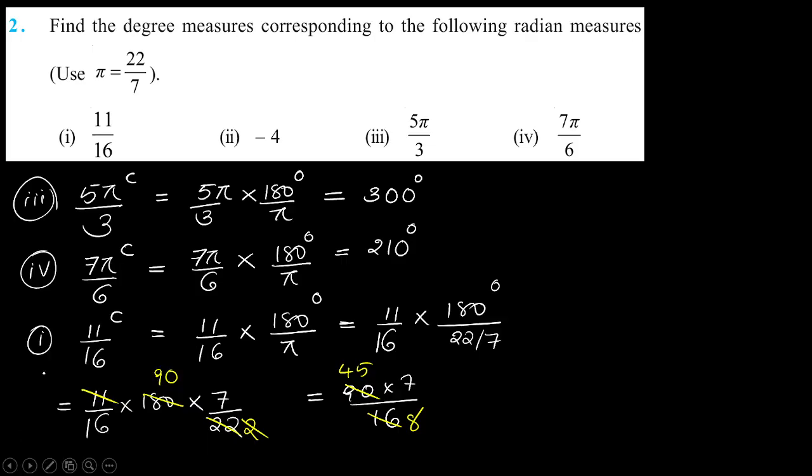No more simplification. 45 into 7, 315. Divide by 8. That much degree. You can stop here or divide by 8. You may divide into degree and minute separately, but they did not mention it. 39.4 degree.